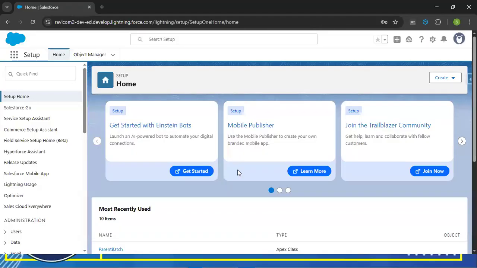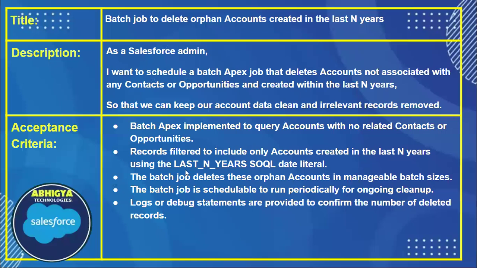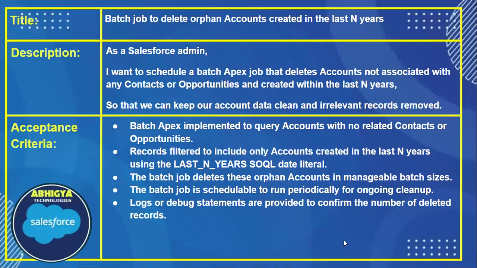Without depending on the developer, we can create a custom setting. Based on the custom setting, they can change the years, like 2 years, 3 years or 5 years, whatever they want, they can modify. They need not depend on the developer. Let's see how we are going to implement that.